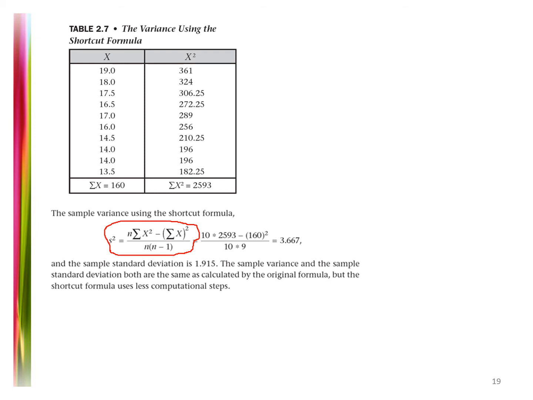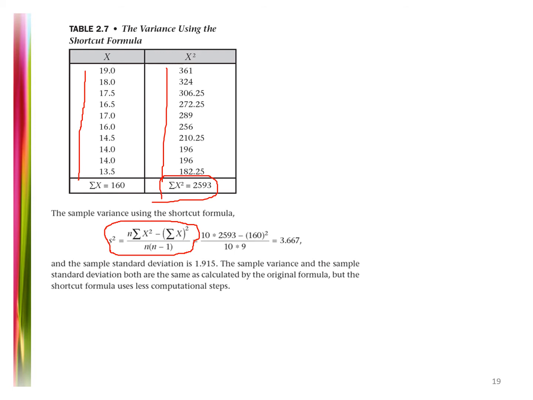For the summation of x, just calculate the sum of all these observations, which should be equal to 160. So the summation of x all squared means 160 squared. And for x squared, each observation's squared value: 19 squared is 361, up to 13.5 squared, which is 182.25. The sum of this column is the summation of x squared.